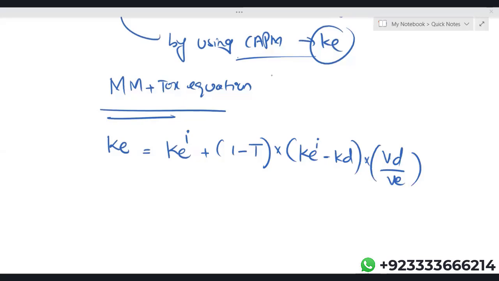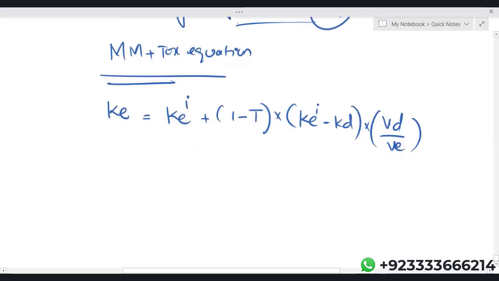Okay, now this is the formula which you will get in the exam, no doubt about it. But I always say to my students, make a little bit of change. KE should be replaced with KEG, which makes it more logical. KEG means cost of equity of the geared business.